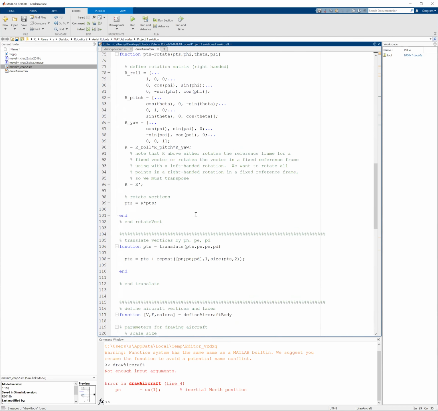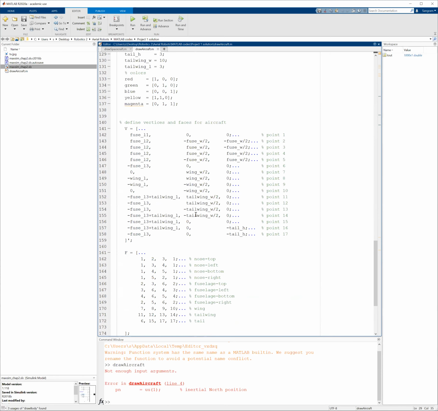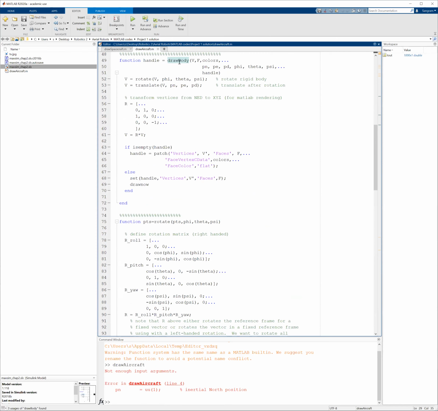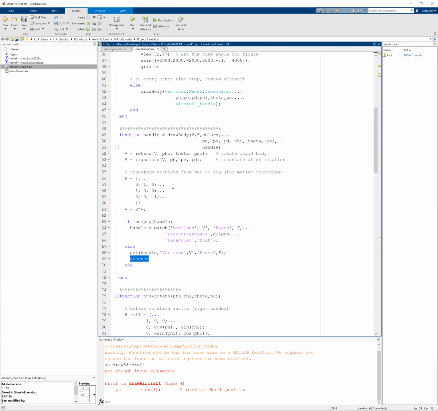So this is the draw body function, and it has all this input. What it does is it takes V, rotates V, translates V, and then finally the projection matrix multiplies this V, and then it actually draws the aircraft.